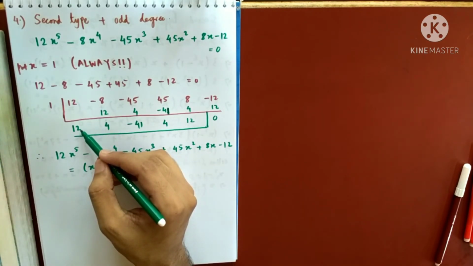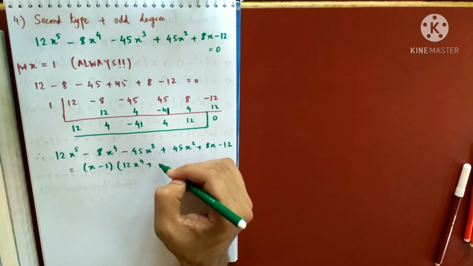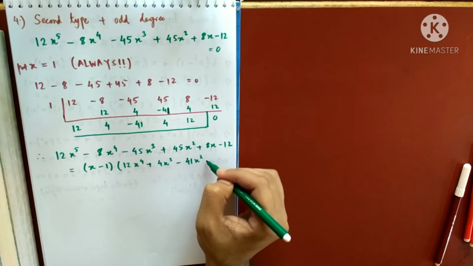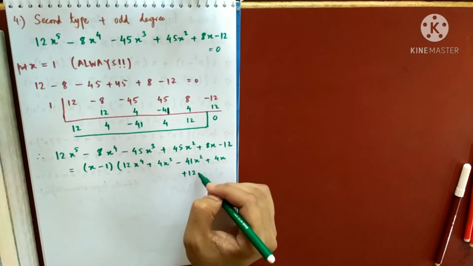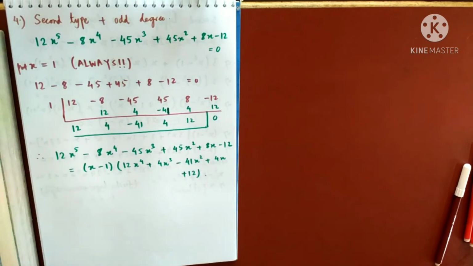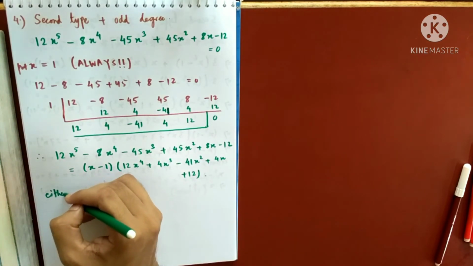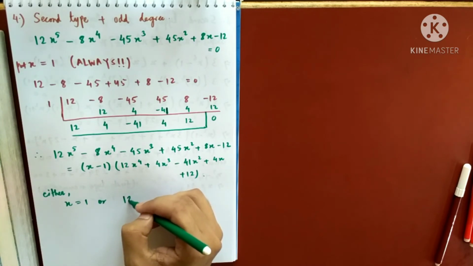It will start with power 4: 12x to the power 4 plus 4x cube minus 41x square plus 4x plus 12. And again you may solve it, up to you, because either x equals 1 or this quartic equals 0.